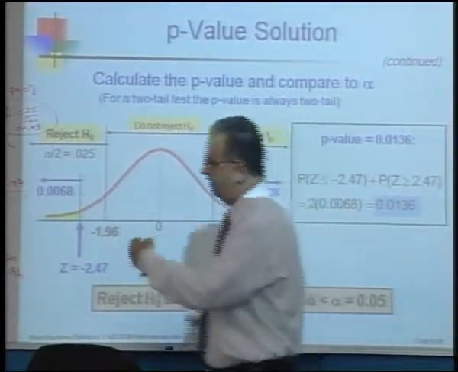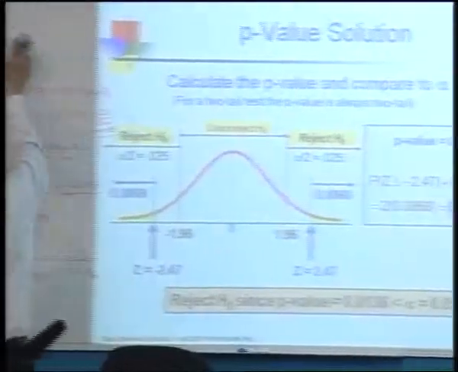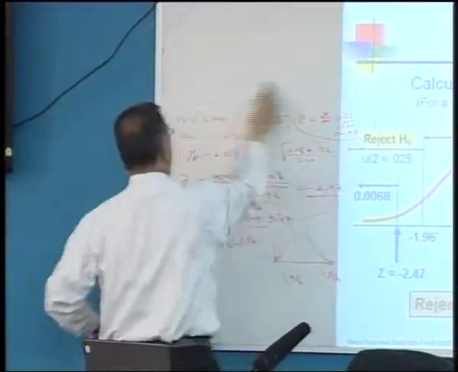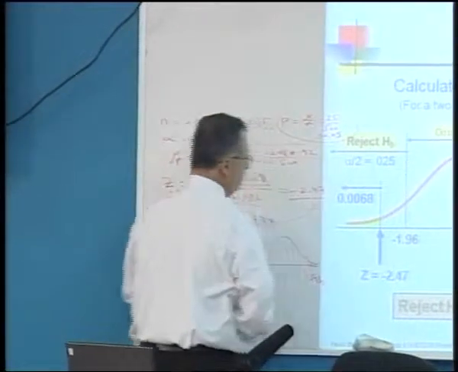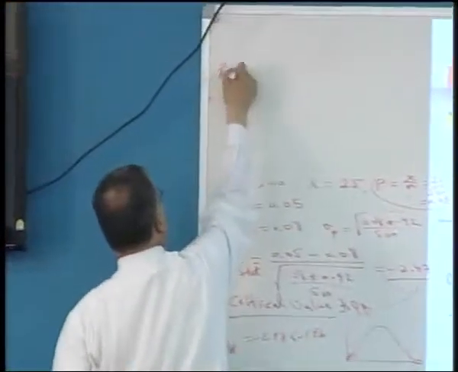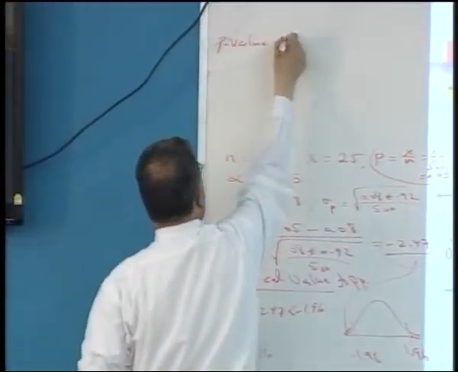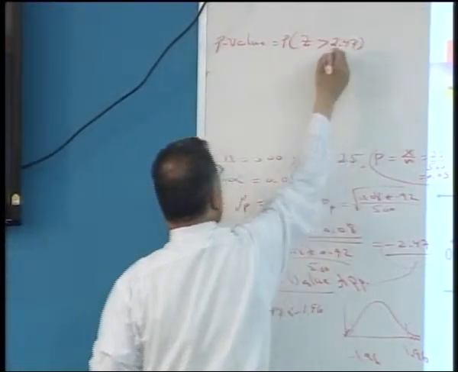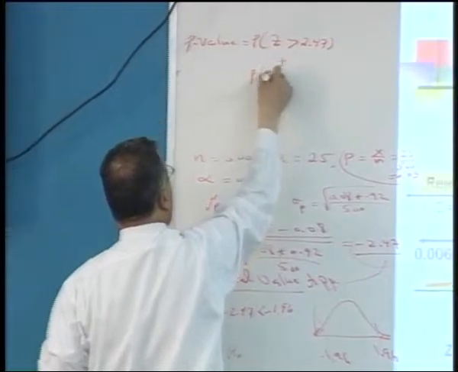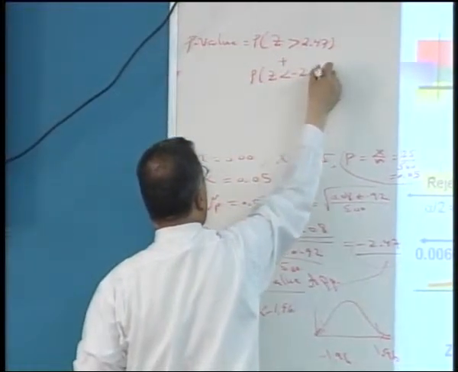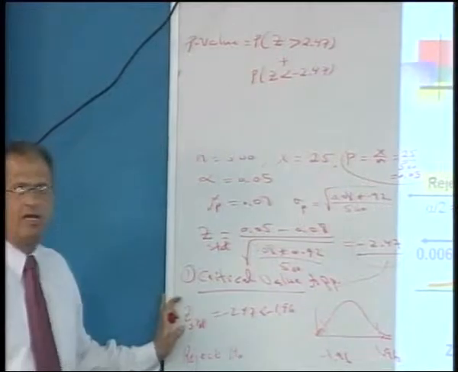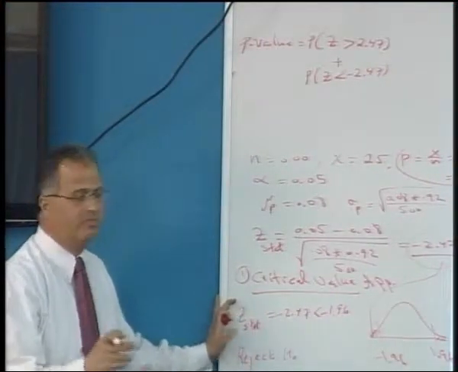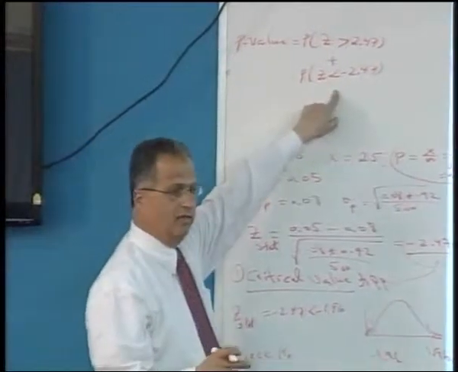So now, by using the ideas from chapter 6, let's see how we can compute your p-value. Again, we are talking about a two-tailed test. So your p-value is the probability of Z greater than 2.47 or smaller than negative 2.47. Now, the table we have gives the area to the left side, so it's better to use Z smaller than.